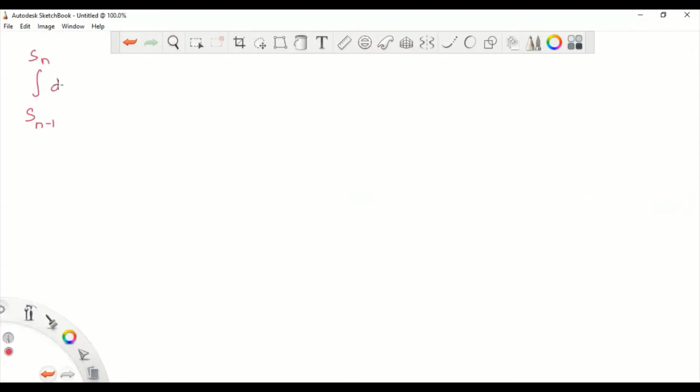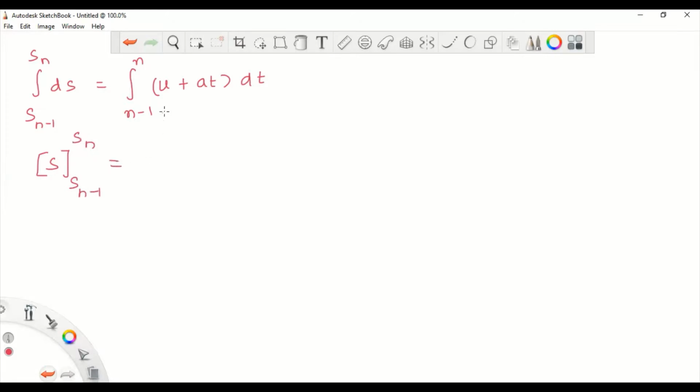So you have integral ds here is equal to integral, n minus 1 and n, u plus at into dt. So when you integrate this ds, you will get again Sn minus 1 to Sn.